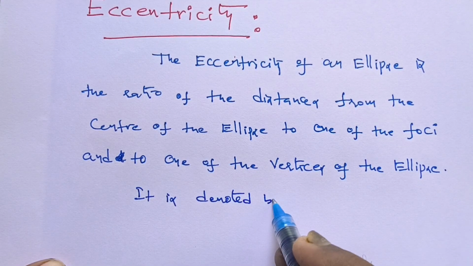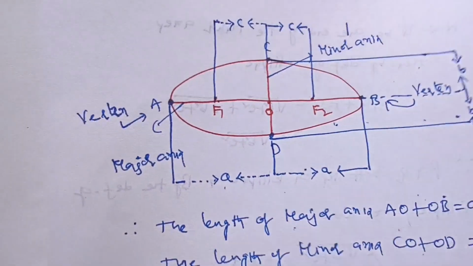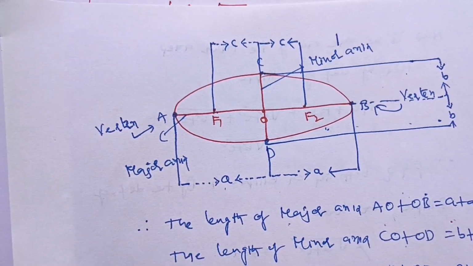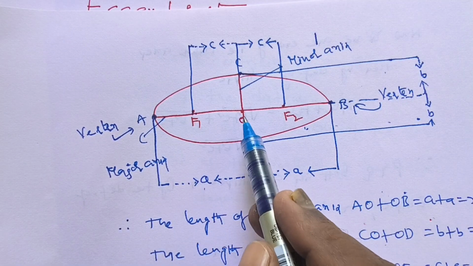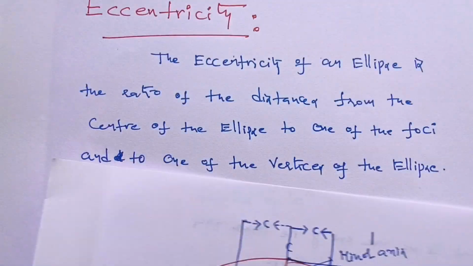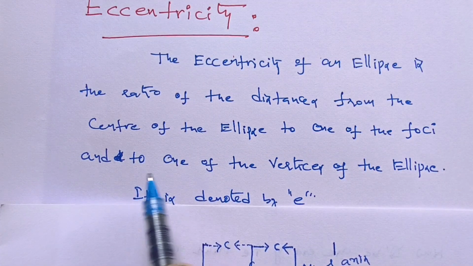Here, eccentricity is always denoted by small e. To understand this definition, look at the figure here. So here O to F1 or O to F2 is the distance from the center to any one of the foci, which is c.